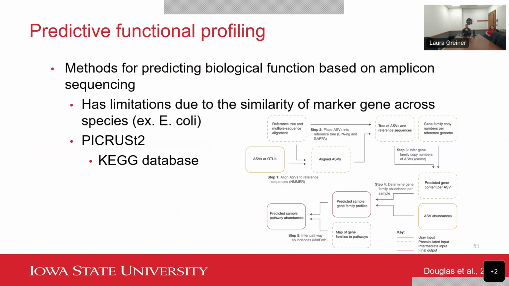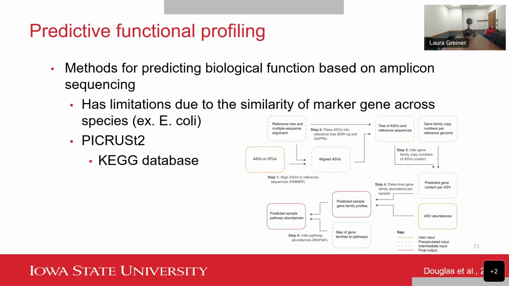Then lastly, in terms of 16S, I know I've talked about how we can't necessarily have a functional idea of what's happening with 16S. There are some approaches for predicting function based on what microbes are there. They are complicated approaches, but generally, by what organisms are there, we can use enzyme and pathway databases to then predict what could be going on.